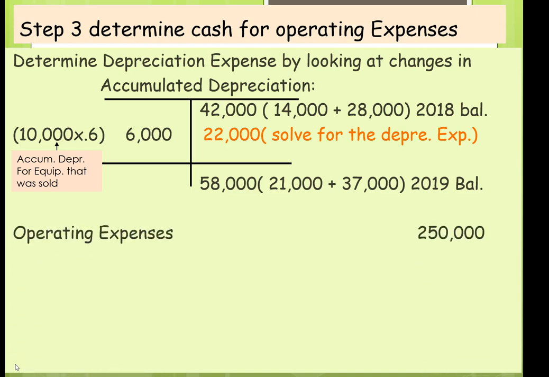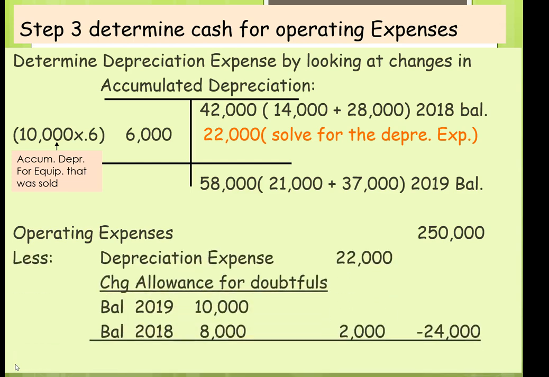So, operating expenses were $250. That's what shows up on the income statement. But now what we have to do is adjust for the depreciation, and the other thing we have to adjust for is the allowance for doubtfuls.